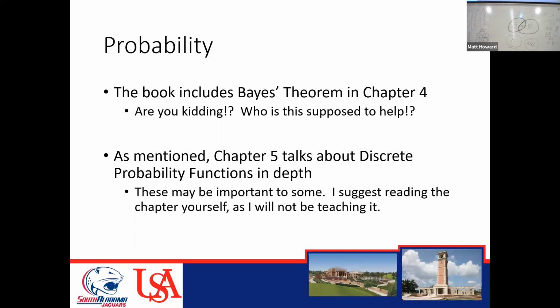So that might be important to some. We included some of chapter 5 in the lecture we just covered, but not all of it. So if you're really interested in these discrete probability functions, go back, take a look at chapter 5 in your textbook. But what we covered today in class is the extent we're going to talk about it for the purposes of this class. So long story short, what we talked about in class today is all you need to know about discrete probability functions for the purposes of the test. But if you want to know more, the textbook is there.